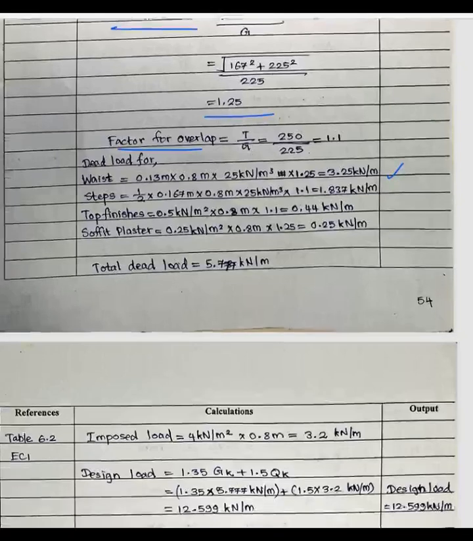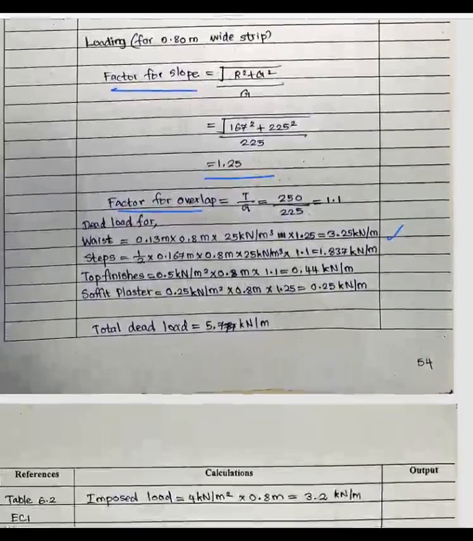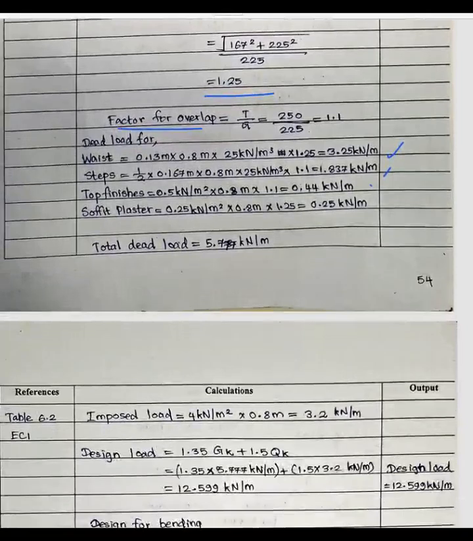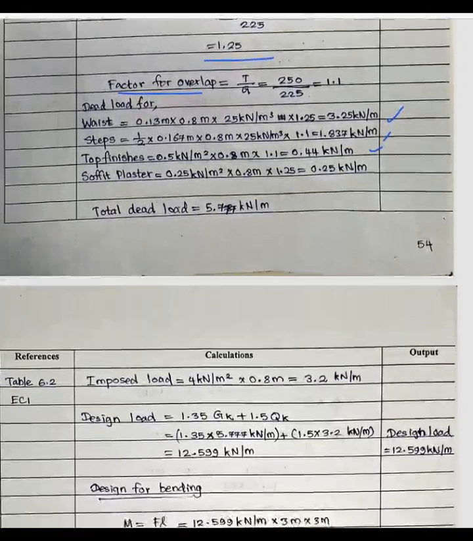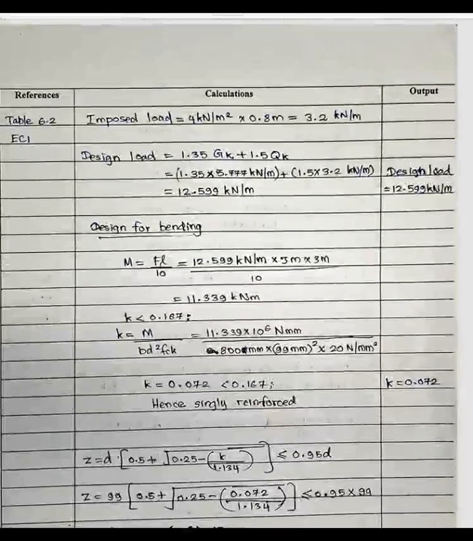We can find the steps dead load using half into width into thickness into concrete density into 1.5, where 1.5 is the overlap factor for the steps. We can also find the dead load from the top finishes and the soffit plaster. So the total dead load in the staircase is 5.77 kilonewton per meter.